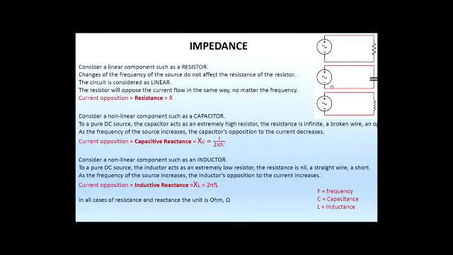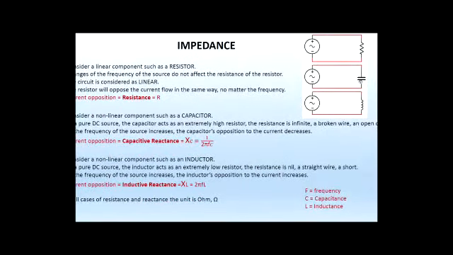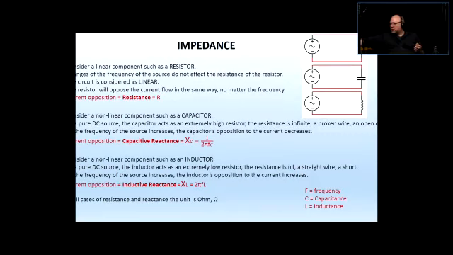Okay, so in this case, the capacitor is going to be always considered as a nonlinear device. Why is it considered nonlinear? Because if you raise the frequency, the capacitor poses less opposition. The higher the frequency, the less opposition from the capacitor.